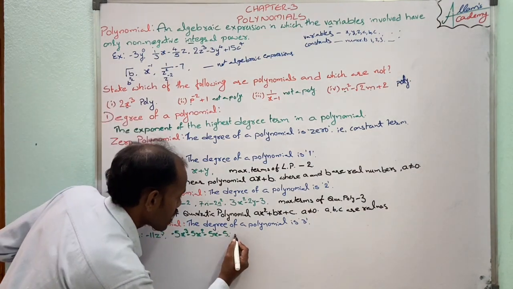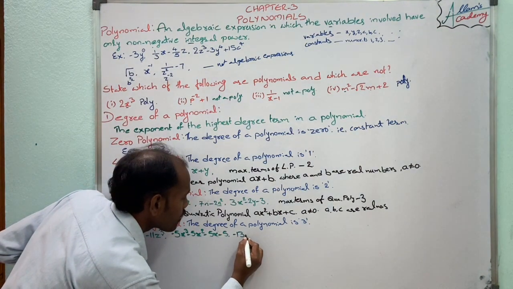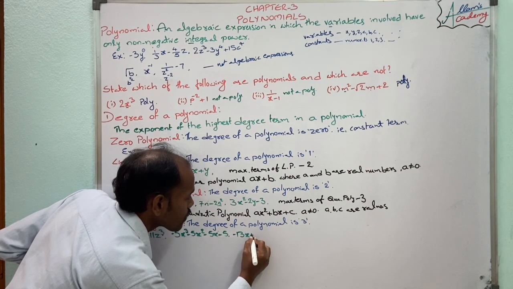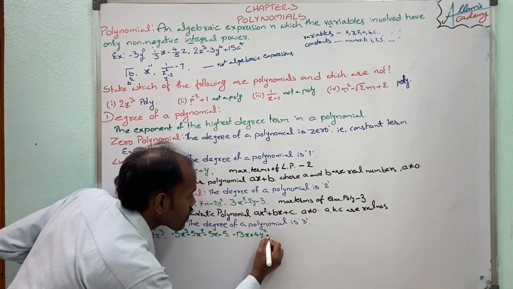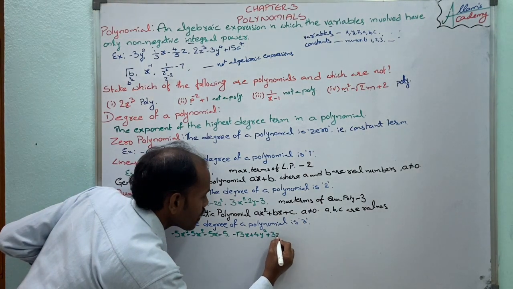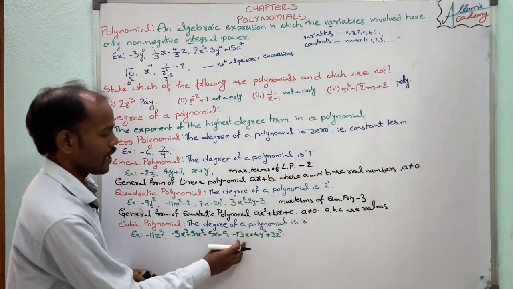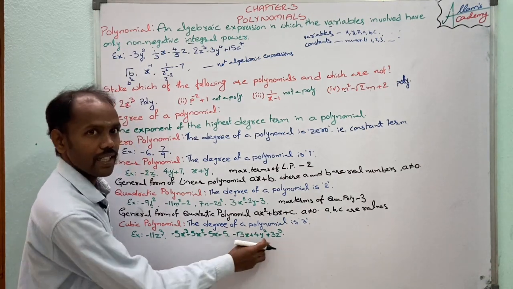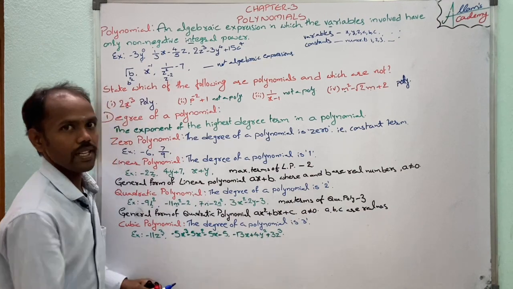And the next example, minus 13x plus 4y square plus 3z cube. Now here if we observe minus 13x plus 4y square plus 3z cube, there are 3 terms. One is minus 13x, the second one is 4y square, the third one is 3z cube.